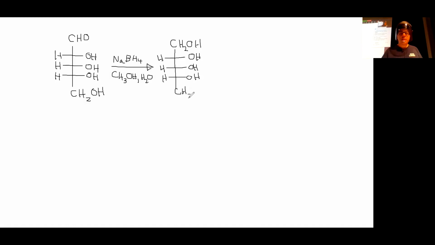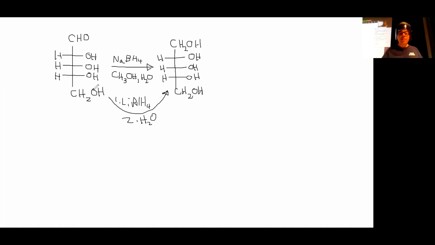And everything else will, of course, be left the same. Of course, sodium borohydride doesn't touch alcohols, they're already reduced. And you get a structure that looks like this. So that type of reaction is very straightforward.